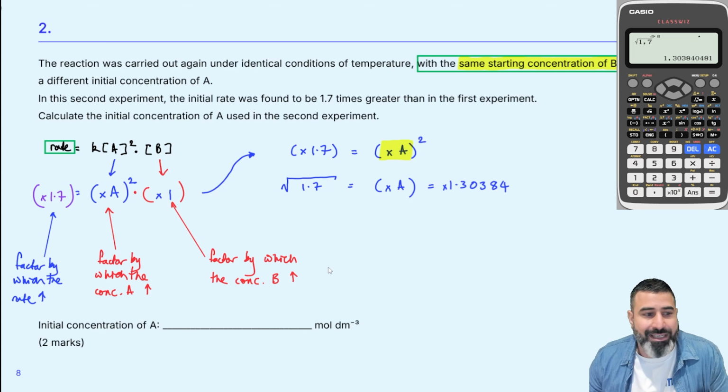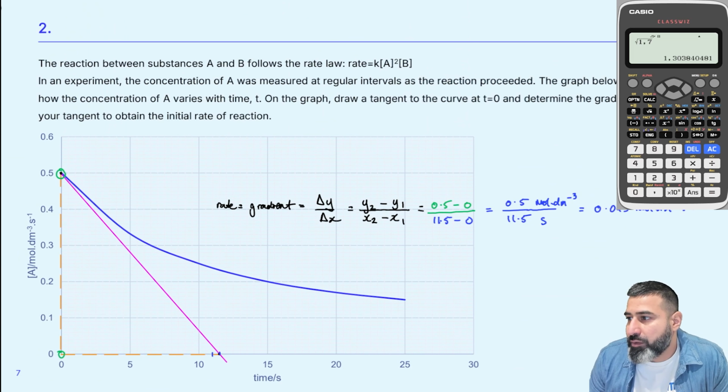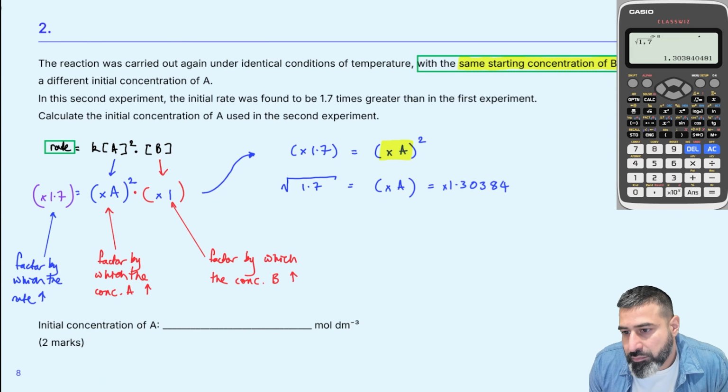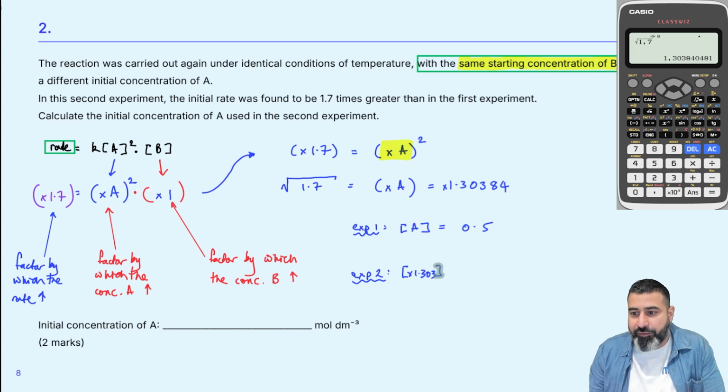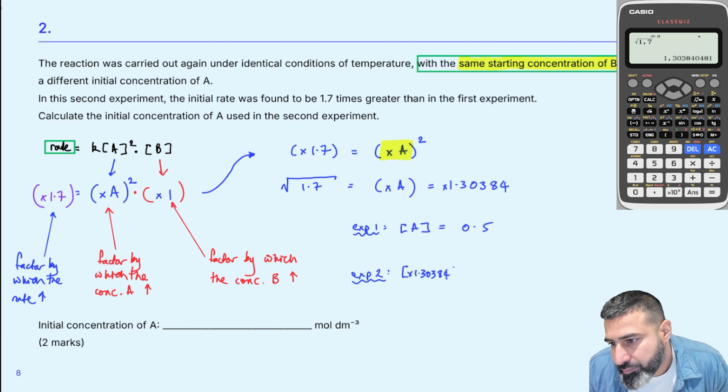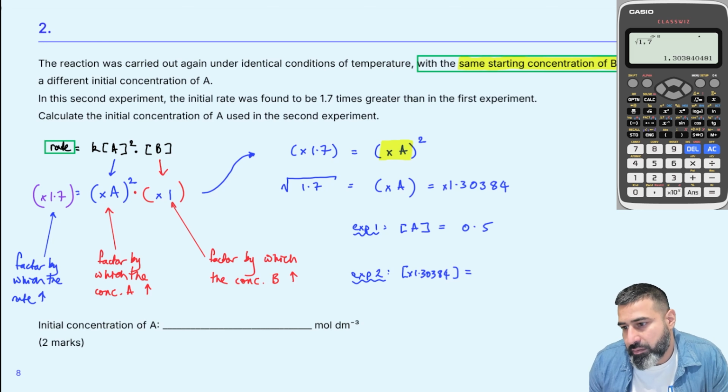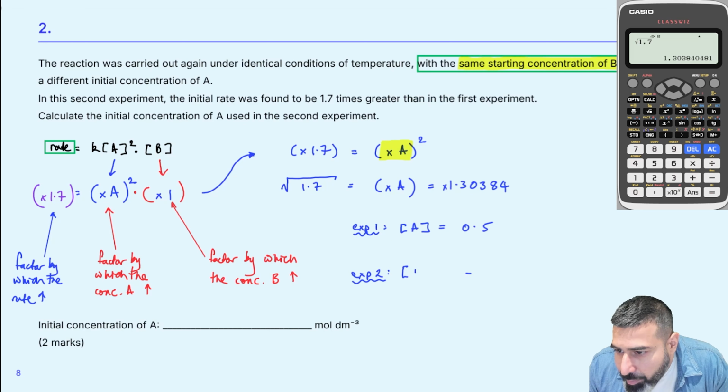Well, to do this, I actually need to know what the initial concentration was in the first experiment. So the initial concentration of A in the first experiment was 0.5. So I'm just going to say experiment 1, concentration of A is equal to 0.5. And then in experiment 2, I know that the concentration increased by a factor of 1.30384.